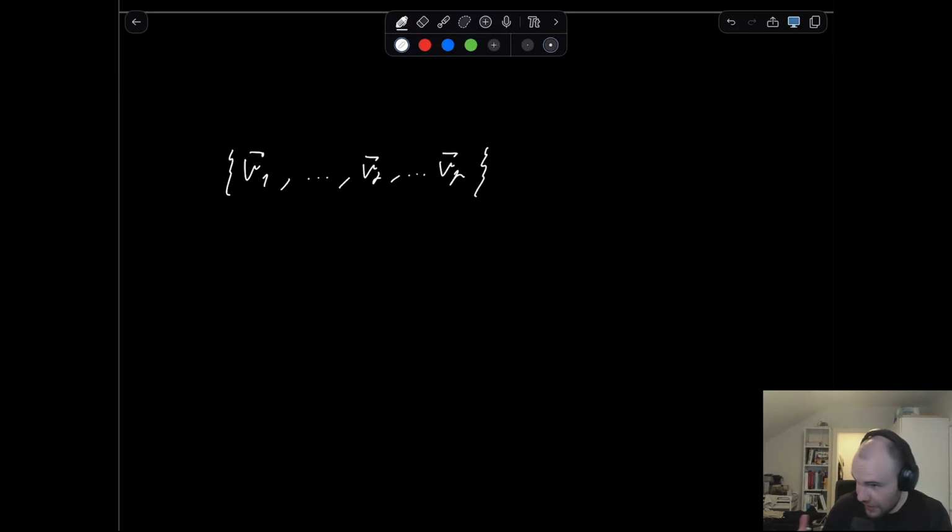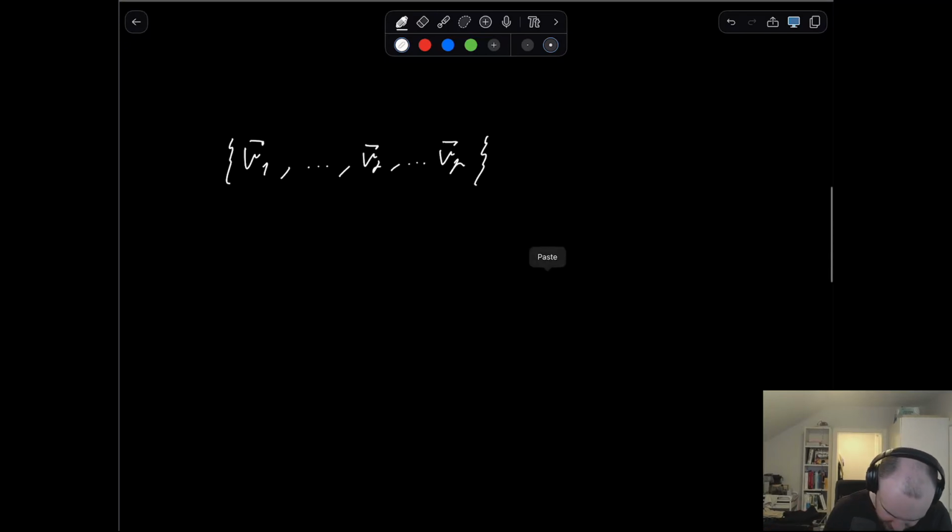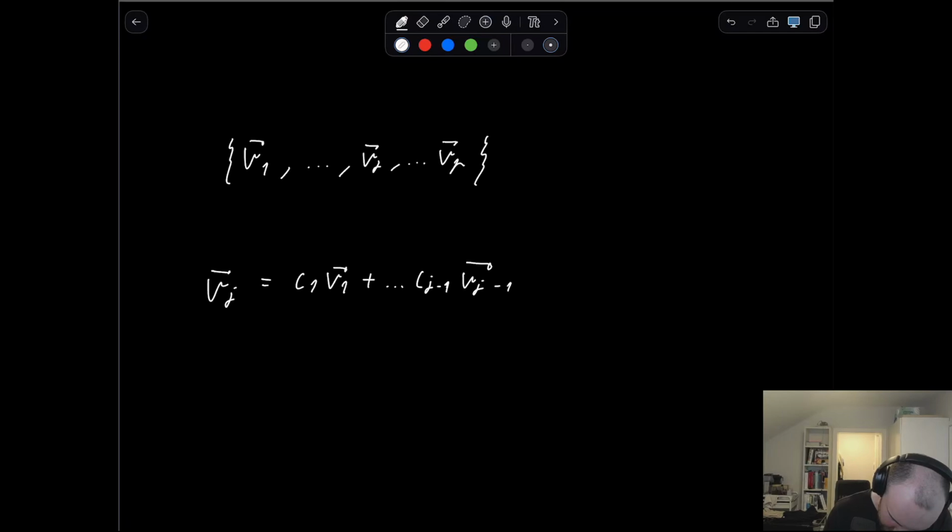Then you can state that if v of j can be expressed in terms of some combination, c1 v1 plus up to c of j minus 1 v of j minus 1, if we can represent v of j by the preceding vectors, and that first one is of course not equal to 0, then of course we have dependence, right?